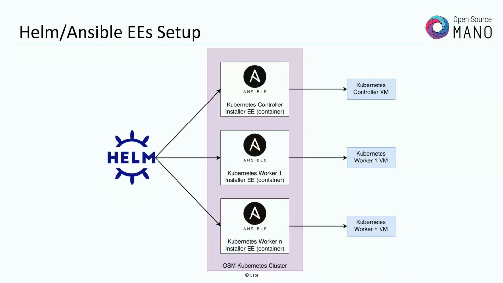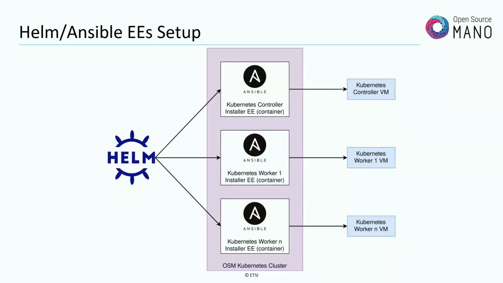Therefore, we decided to use Ansible, and we installed an Ansible controller inside of each container of each execution environment. So we have a bunch of Ansible playbooks that will install all the Kubernetes software in each one of these virtual machines. In each one of these containers, we also installed a simple Python script that we created just to translate the OSM primitives to each one of the playbooks that we have created.